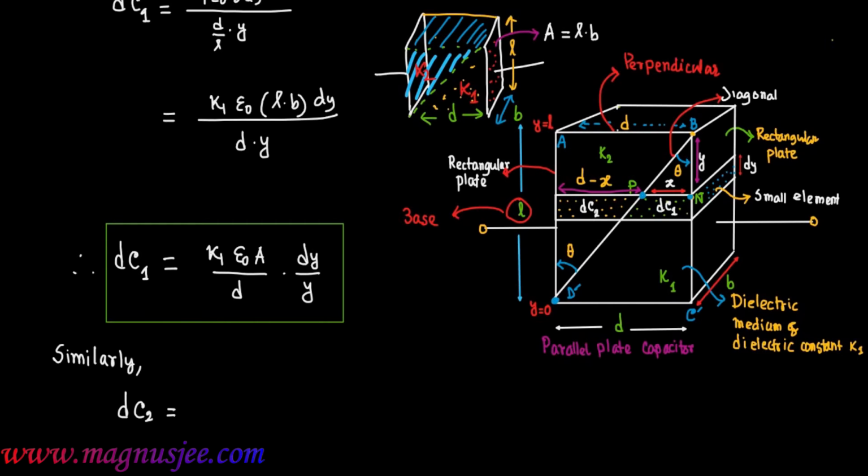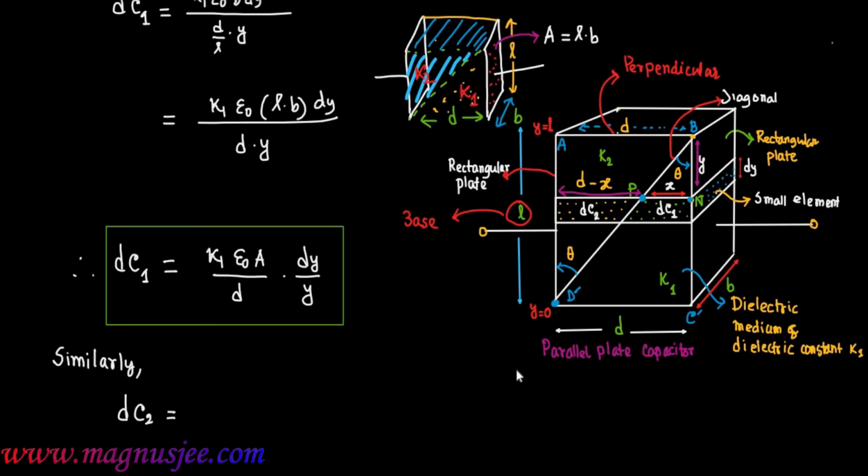Similarly, dC2 equal to K2 epsilon 0 b dy divided by d minus x. It was d minus x.